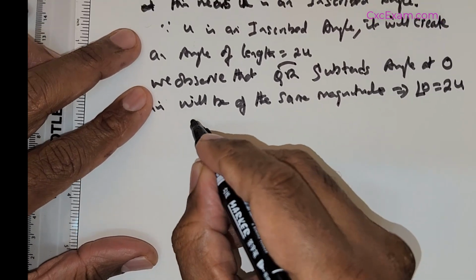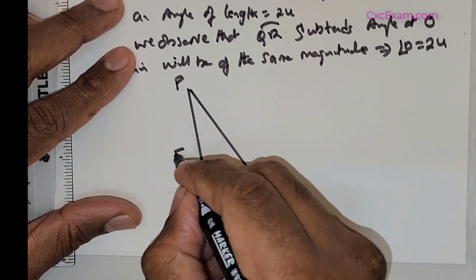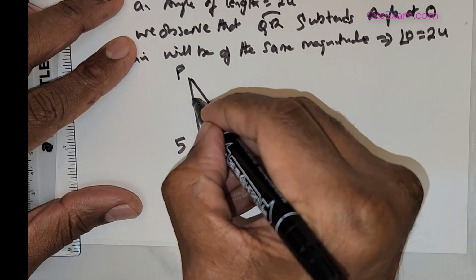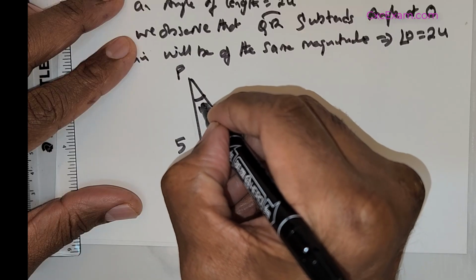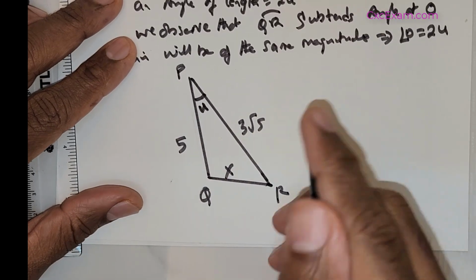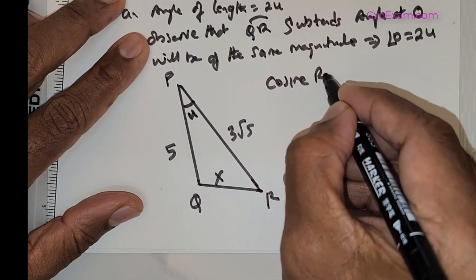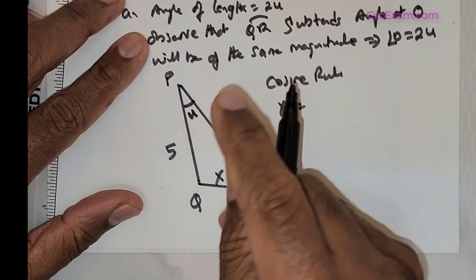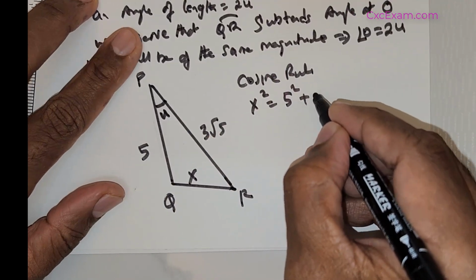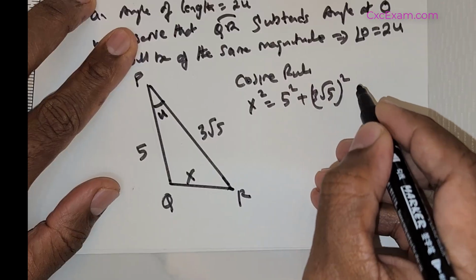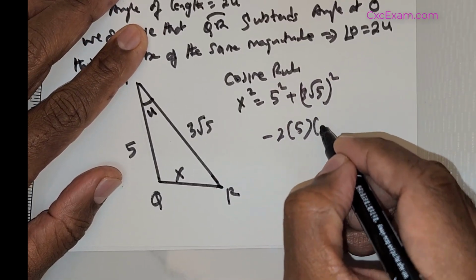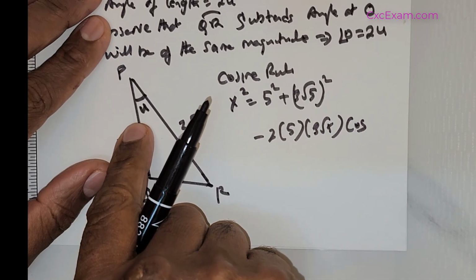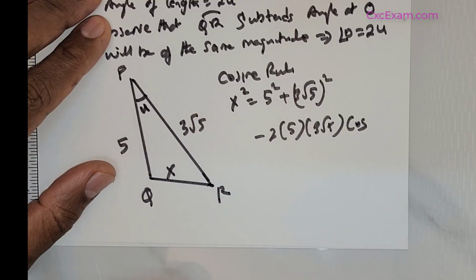And this is Q, this is P, this is R, this is 5 units, this is 3 times the root of 5, this is X, and this is U. Now we will apply the cosine rule: X squared is equal to 5 squared plus (3 times the root of 5) squared minus 2 times 5 times 3 times root of 5 multiplied with cos of this angle u.